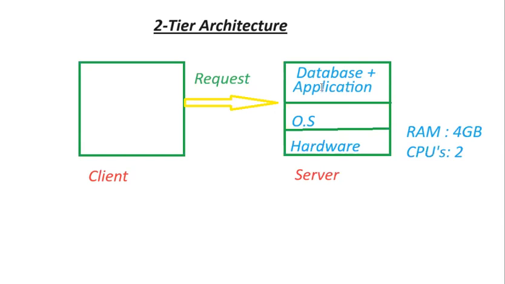So the application layer again communicates with the database, and the database provides whatever information the application layer requires. Then the application layer processes it and provides the response back to the client. In this way, client and server communicate with each other.